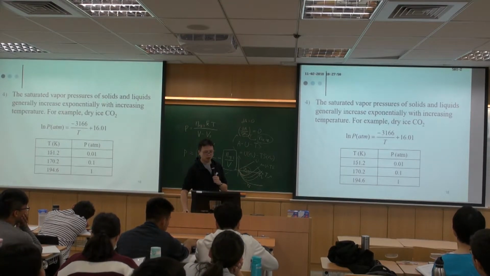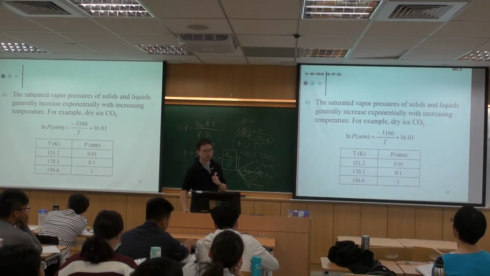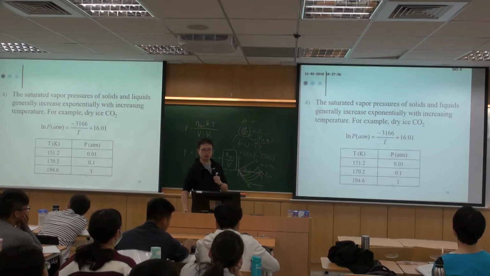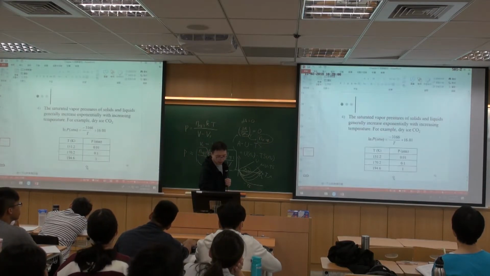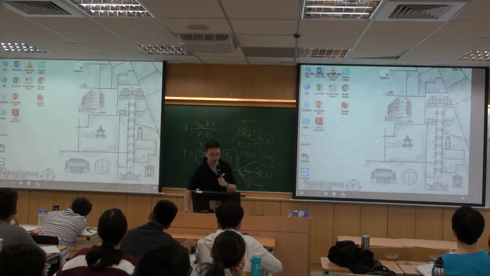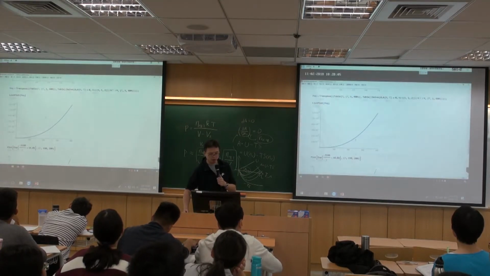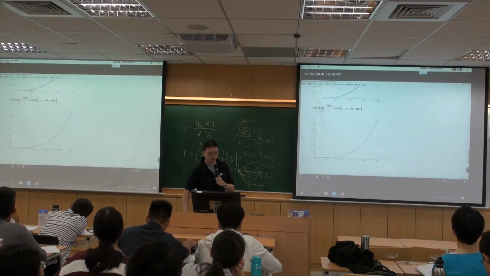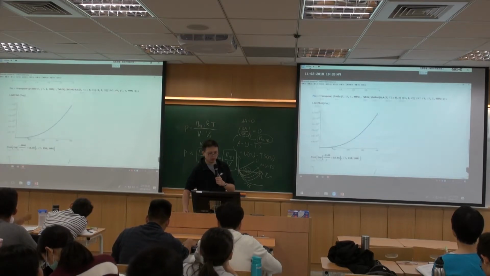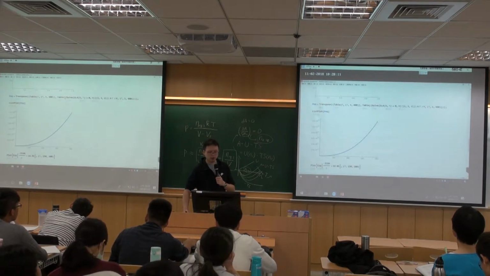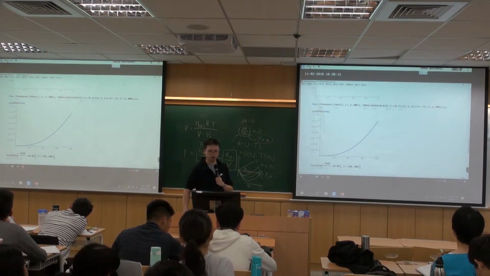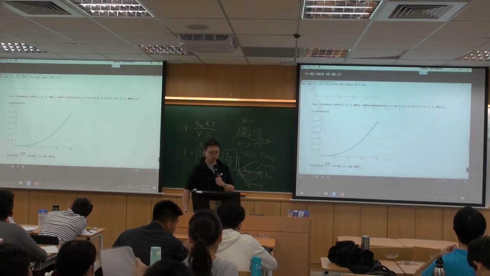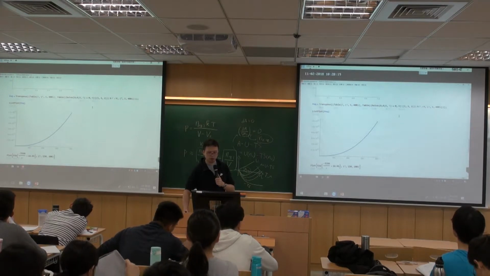So if you plot this out, you'll see that with only a very small change of temperature, there's a huge change of pressure. Okay, there's a huge change of pressure. And that's exactly what we saw in the derived form. So this is what we solved using the equilibrium number of particles in the vapor phase. And we'll see that there's an exponential growth.